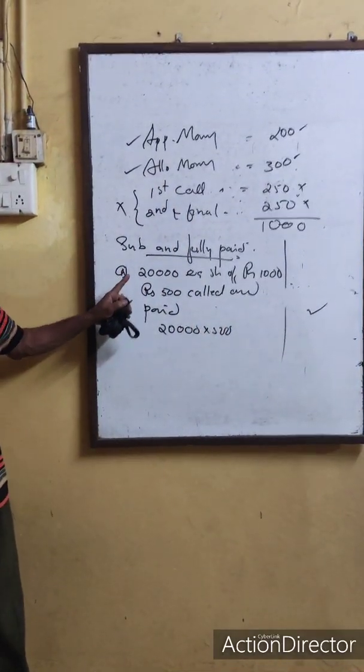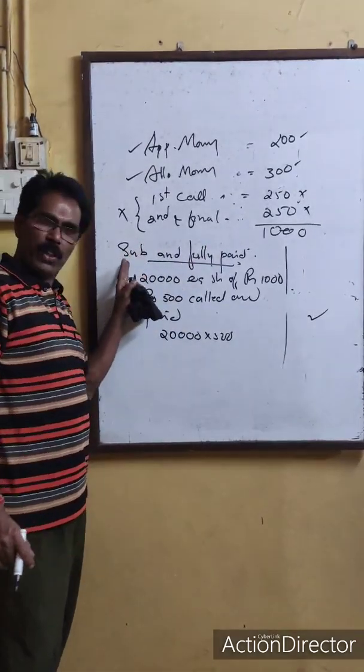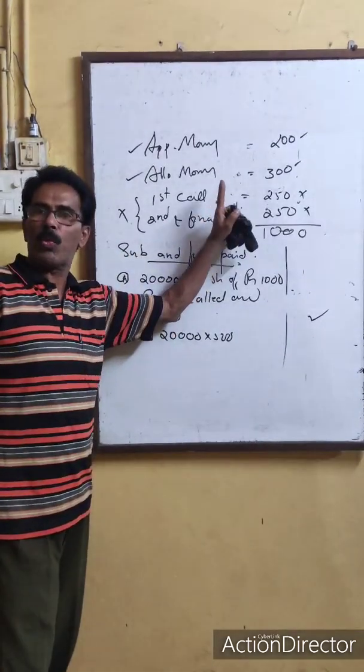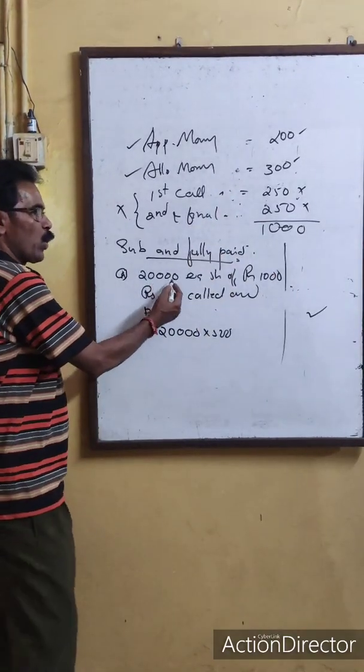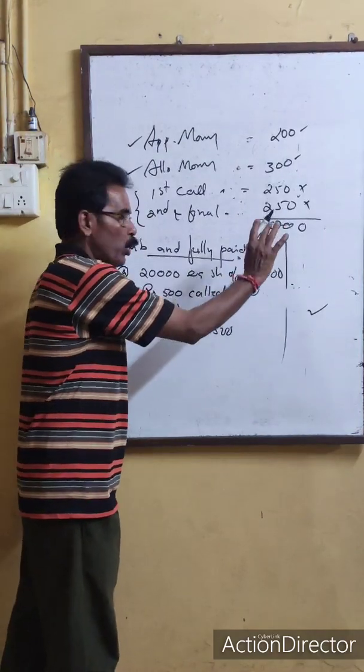So two categories in the same heading. In the first case, if the company collected the full face value of 1000, then it is 20,000 equity shares of 1000 each, and we will say fully paid, full amount paid.